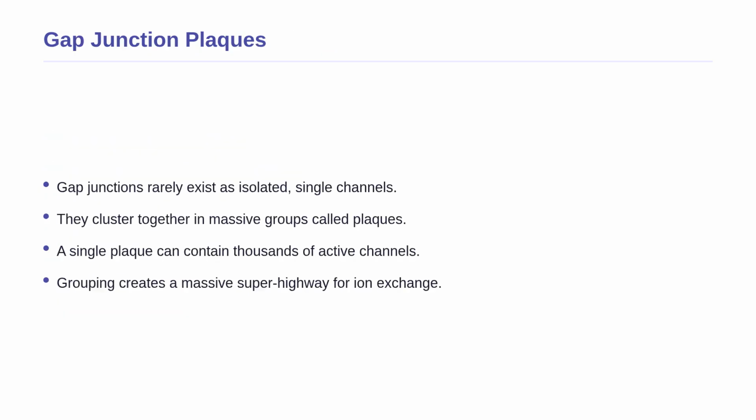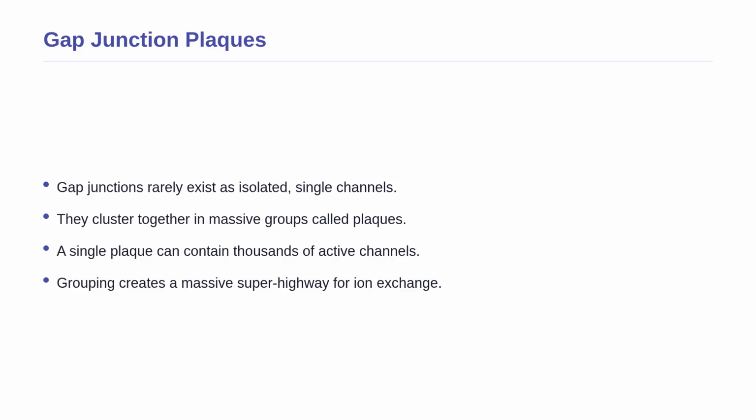Having calculated the area of a single pore, we must now look at the bigger picture. In reality, gap junctions rarely exist alone as isolated channels on the cell membrane. Instead, they cluster together in massive, tightly packed groups called plaques. Imagine a heart muscle cell.